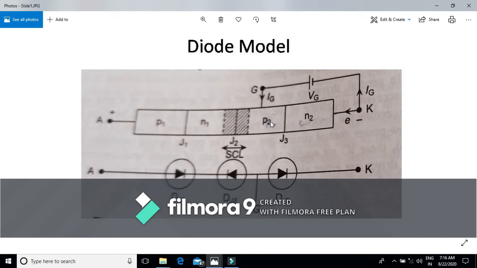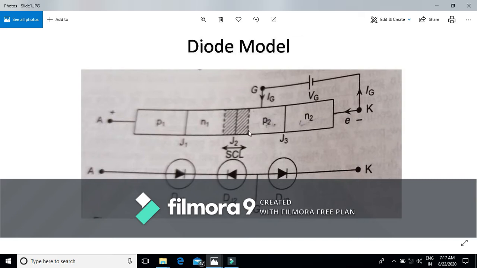Now these electrons from N2, being minority carriers in this P layer, easily cross the junction J2 and get accelerated with the energy E.